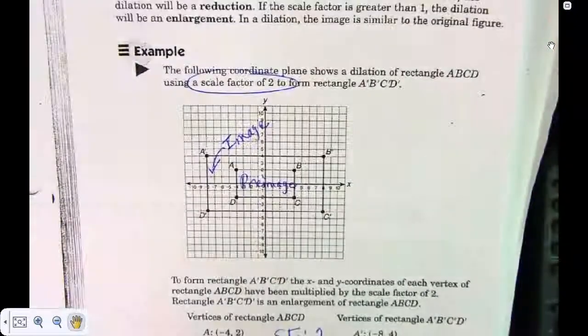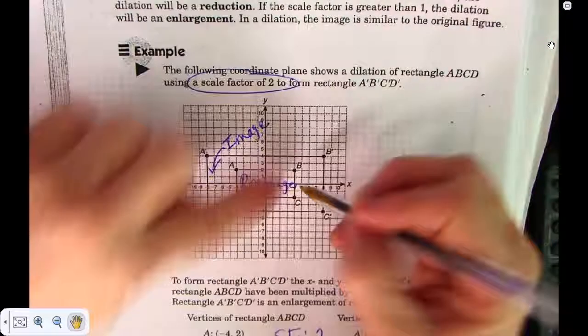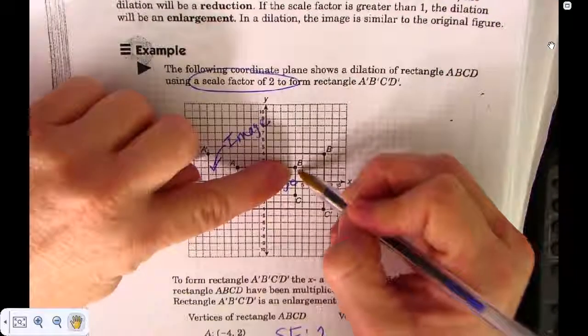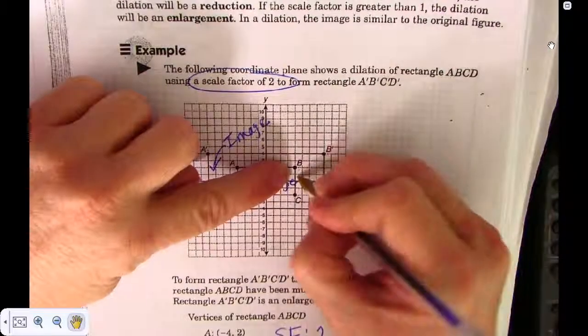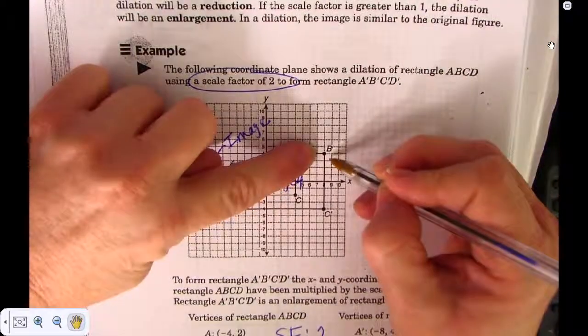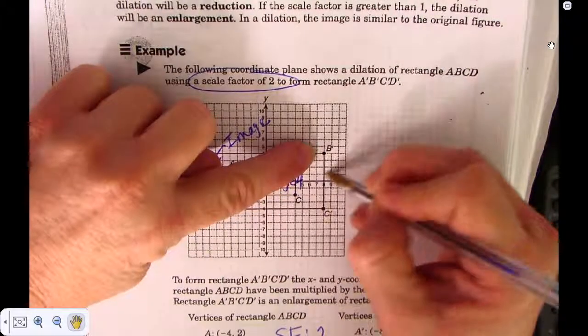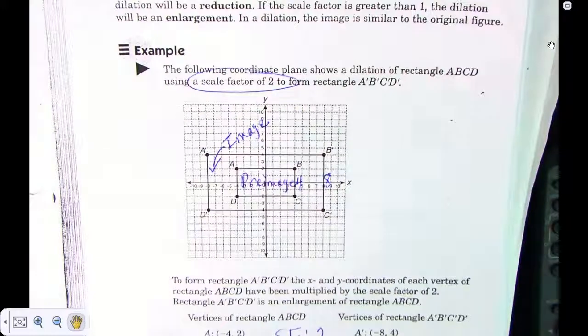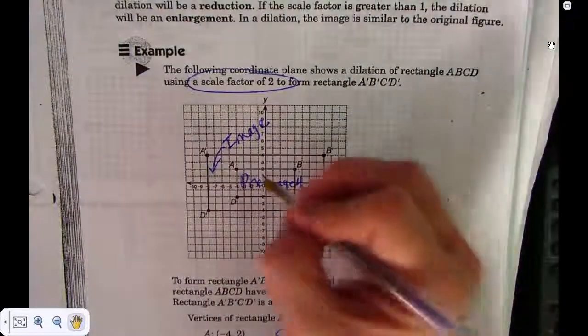Now, look at that. So they put them on the coordinate grid for you. Let's count BC. How many units is that? 4. How many units is B prime, C prime? 8. Now, what's 4 times 2? 8. Now let's count AB.